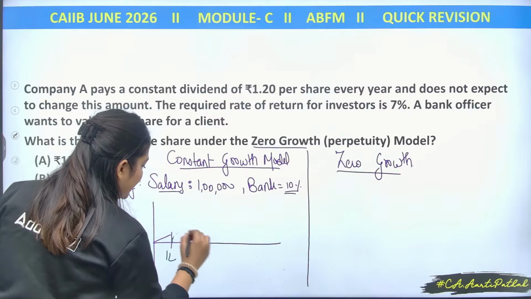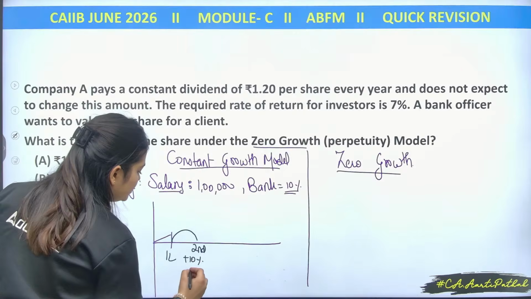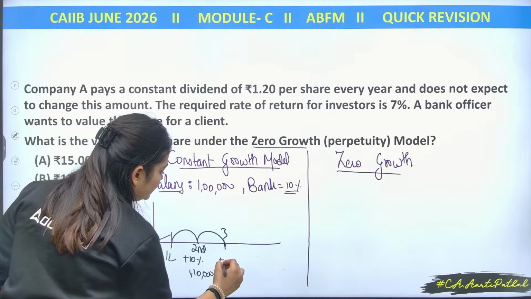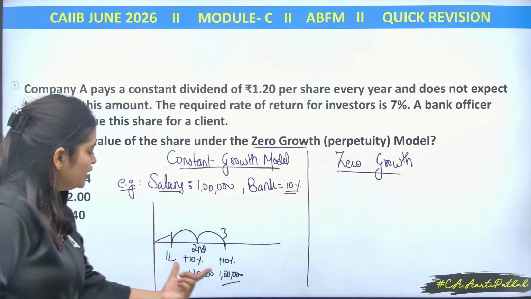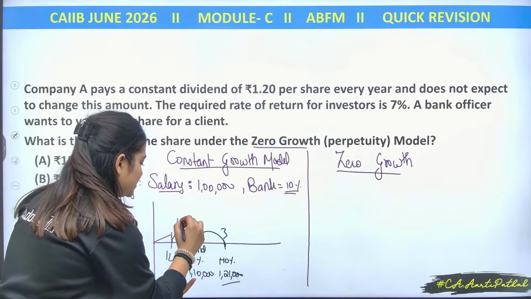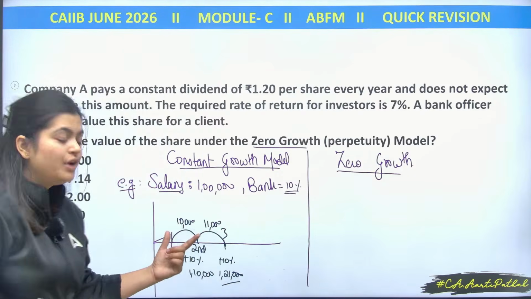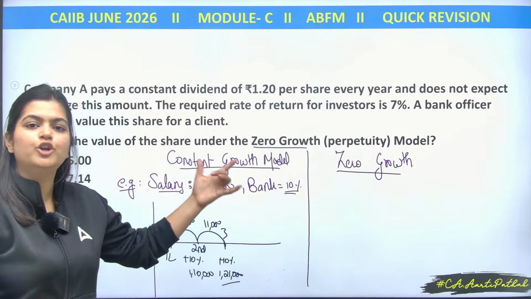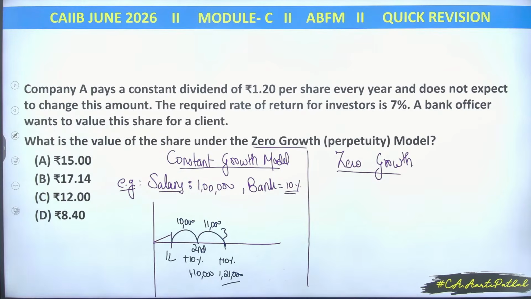Then for the second year, you will be getting plus 10% increment, means it is going to be 1 lakh 10,000. For the third year, again you will be adding 10%, so this is going to be 1 lakh 21,000. So as you can see, your 10% value is increasing. For the first year, this is your 10,000. For the second year, it is 11,000. Isn't it? Your value is increasing. That is under constant growth model. You will see growth in your increments.